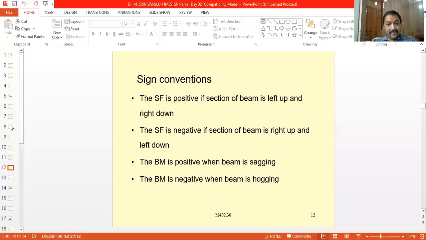That is, the bending moment is positive when it produces an anti-clockwise movement to the right of the section, and the bending moment is negative when the beam is hogging. That means the bending moment is negative when the movement is clockwise to the right of the section, and accordingly for the other directions we can decide the sign based on this condition.